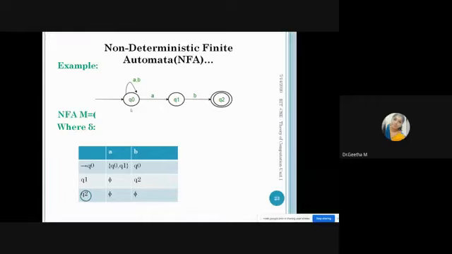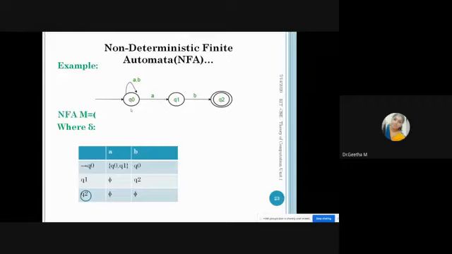Now you want to see the entry for Q0 comma A. So delta transition of Q0 comma A. What will you be getting? It's a self loop. So either Q0 or Q1. So two output states you will be getting. More than one can be given between curly brackets. So between curly brackets, Q0 comma Q1 can be given. So this is the difference. See the transition tables of DFA.